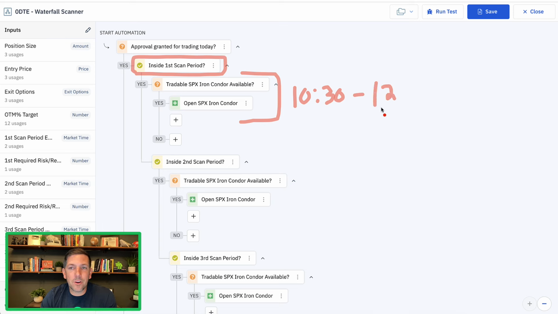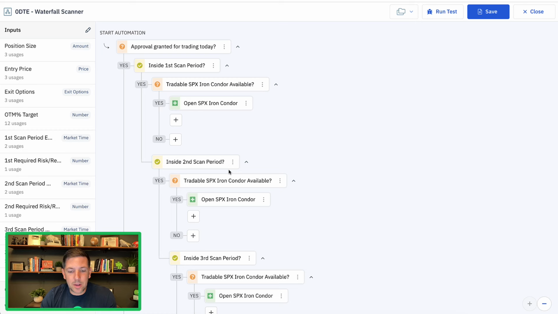That could be my first scan period where I say, look, if it's between 10:30 and 12 and the market is inside of this scan time, then look for this type of position. And once it's outside of this scan time, the bot skips over this one and goes to the next scan period. And then it says, look, if I'm inside the second scan period, then check for this type of position.